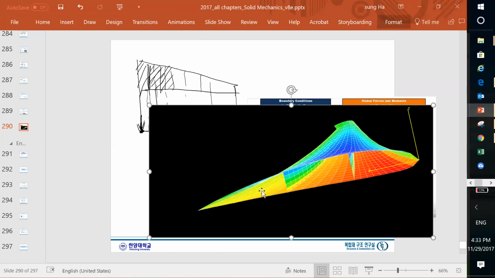When you consider bending, you always consider the neutral axis, and how far from the neutral axis. It gives us the strain, it gives us the stress.